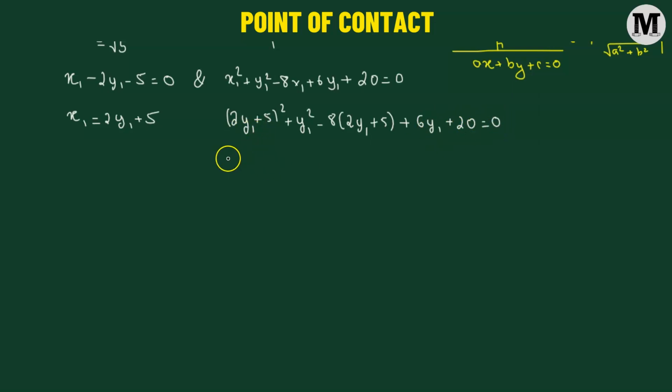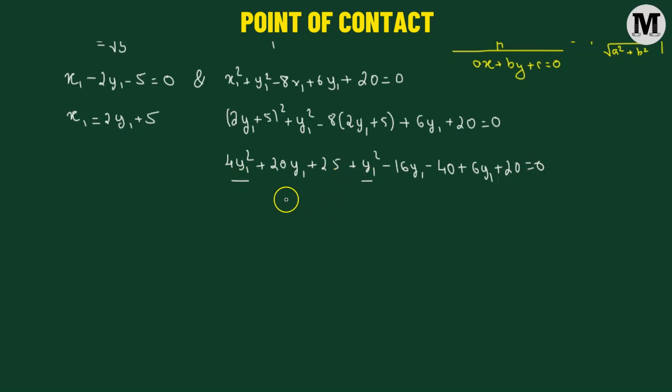Expanding (2y1 plus 5) whole squared, we get 4y1 squared plus 20y1 plus 25, plus y1 squared, minus 8 times 2y1 which is 16y1, minus 8 times 5 which is 40, plus 6y1 plus 20 equals 0.